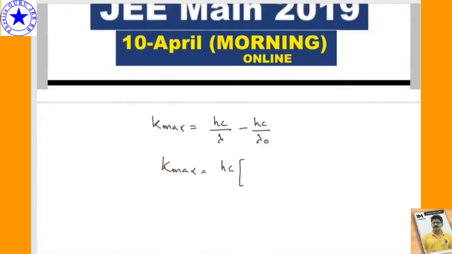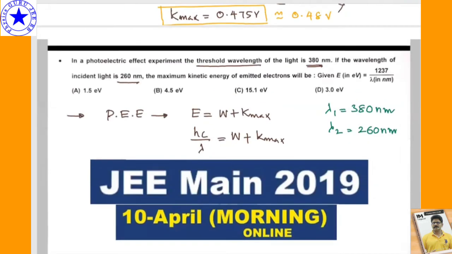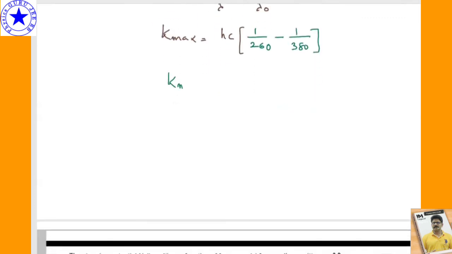Now simply substituting: 1 by lambda incident, and this is the threshold, lambda naught. So I can substitute 1 by 260 minus 1 by 380. Or we can write K max equals hc, replace with 1237 already given, into 380 minus 260 divided by 260 into 380.